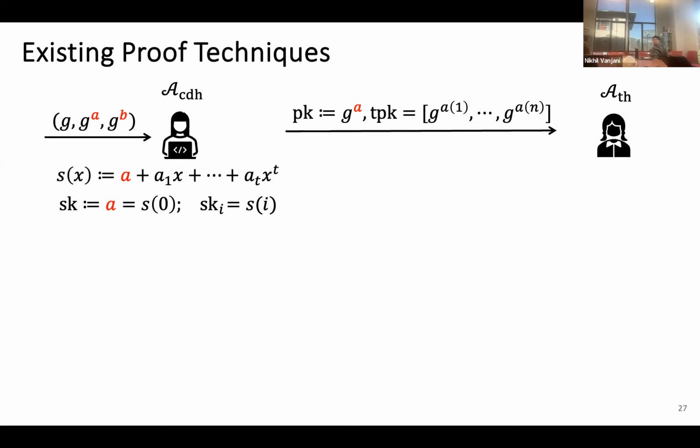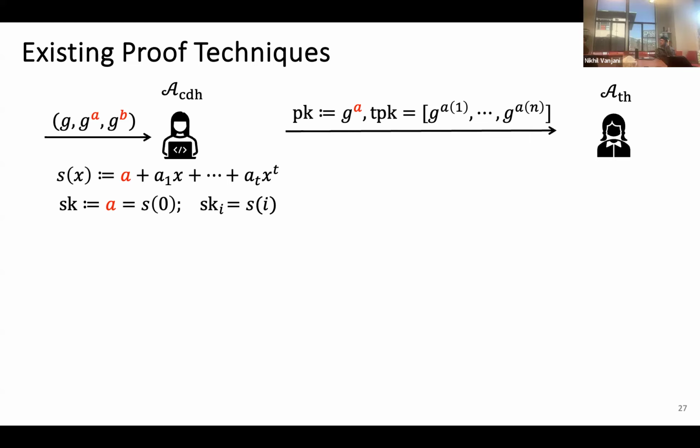Yeah, I've been managing. We have the threshold adversary, and then we have CDH. How does this reduction work? In the first step, the threshold adversary will specify a corrupt set. Without loss of generality, let's assume these are the first t nodes. Then the CDH adversary will sample s(1), s(2), up to s(t). These are uniformly random.